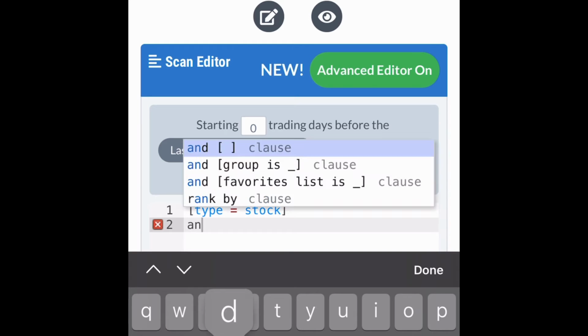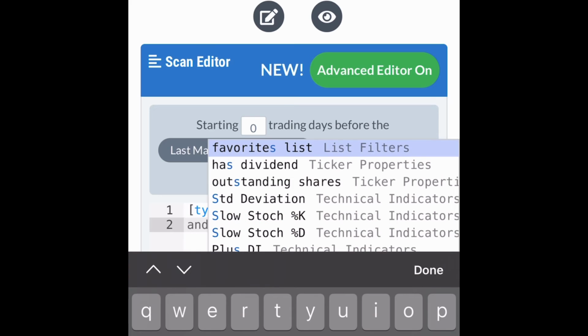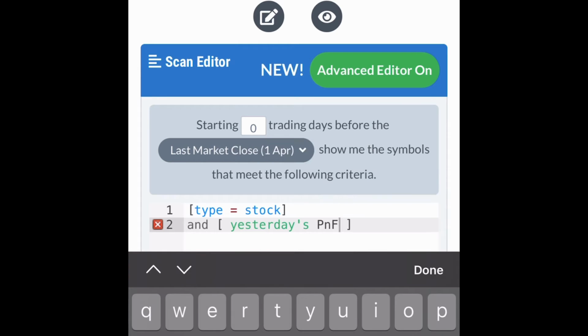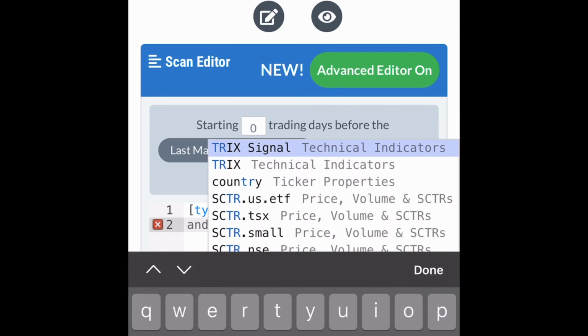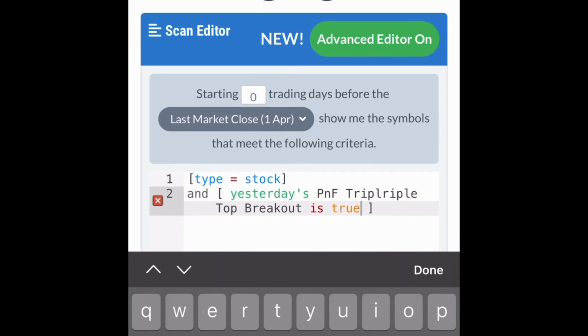So, open up a clause: yesterday's point and figures triple top breakout is, and sometimes you might have to make sure that everything is spelled correctly.